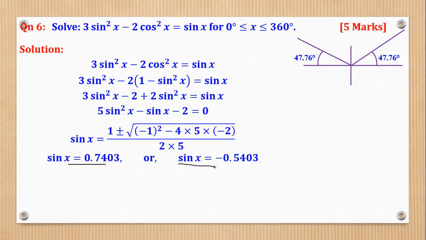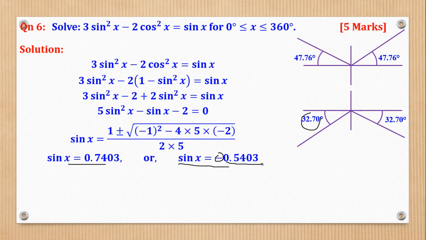Now we shall go to when sine is negative. Sine is negative in the third and fourth quadrant. So what you're going to do, you realize we have this. You first ignore this. Then you press arcsine of 0.5403. You'll come up with 32.70 when you round off to 2 decimal places.